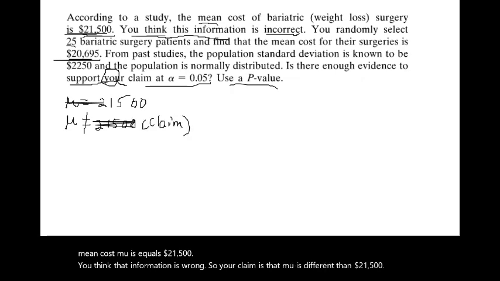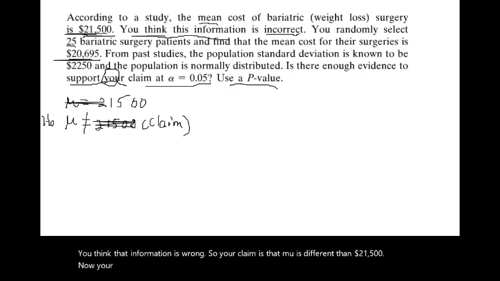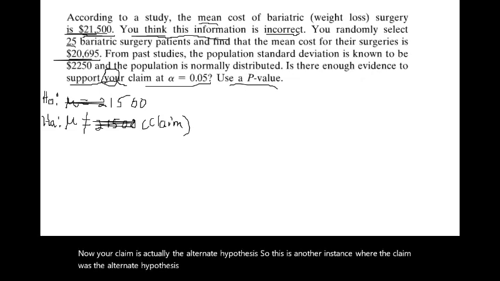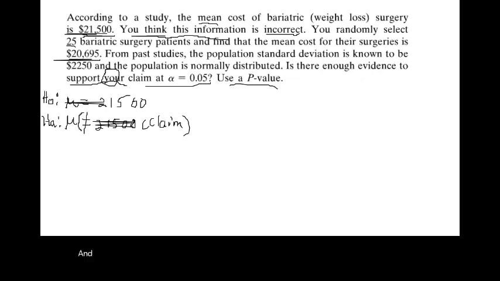Now, your claim is actually the alternate hypothesis. So this is another instance where the claim was the alternate hypothesis. That means what the study said, mu is 21,500, is the null hypothesis. And then just to get this out of the way right now, since mu contains a not equal to symbol, this is a two-tailed test.